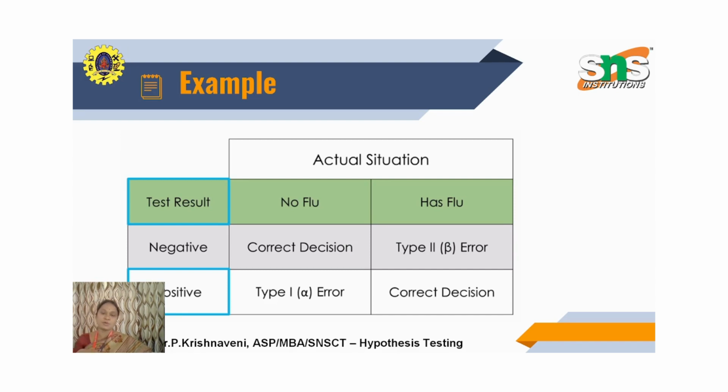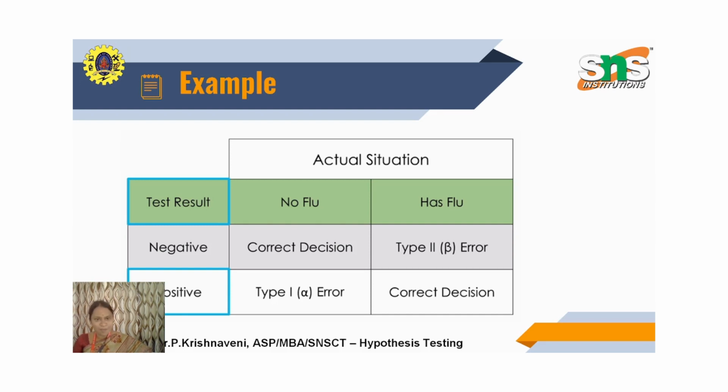In case we have flu but we get a negative result, think about COVID. Obviously it is very dangerous. We will go out and spread it to other people also. This we call a type 2 error, which is very dangerous.